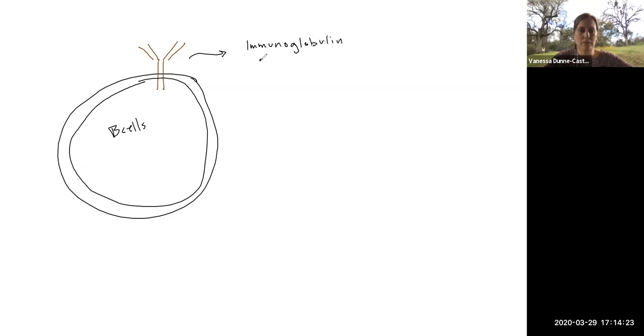Now, when an immunoglobulin, or we call this an Ig, which I'll write down in our abbreviations in just a second, is anchored on the surface of naive B cells, we call this a B cell receptor.